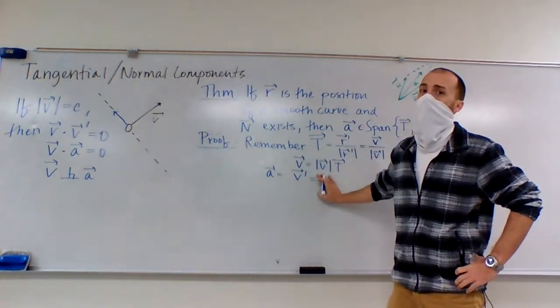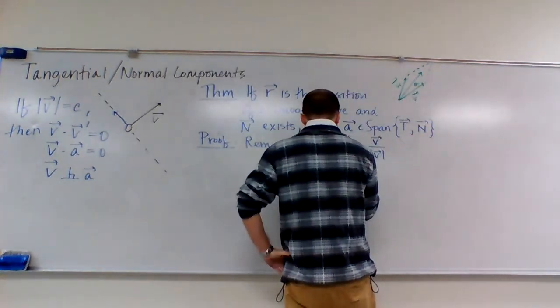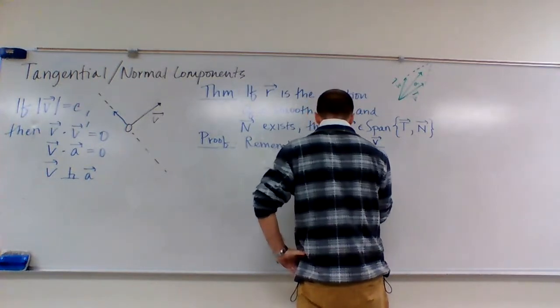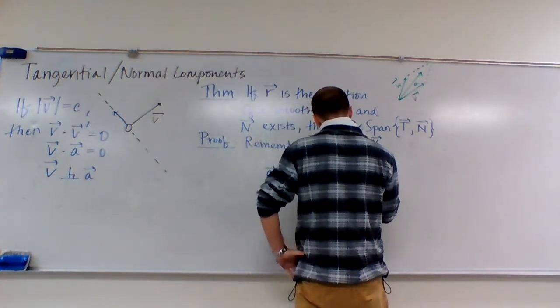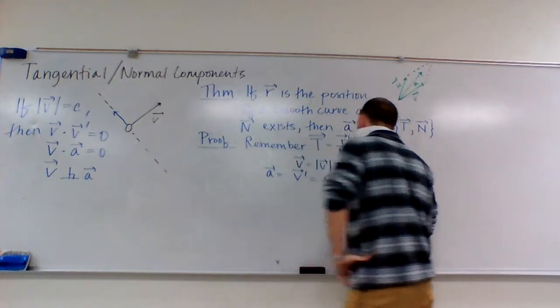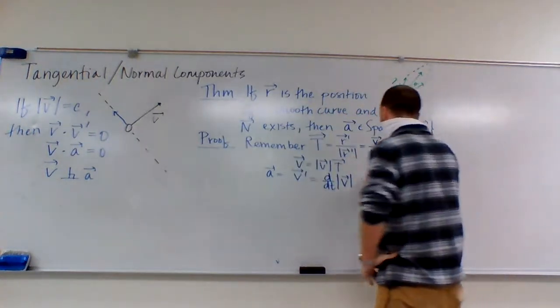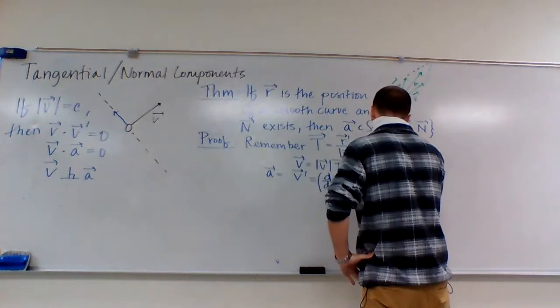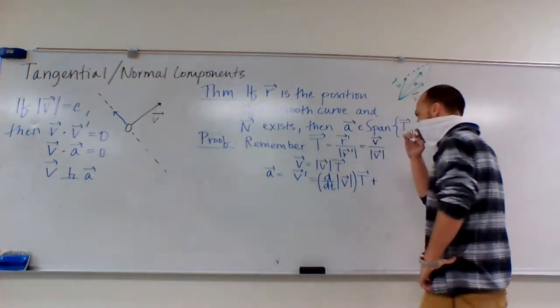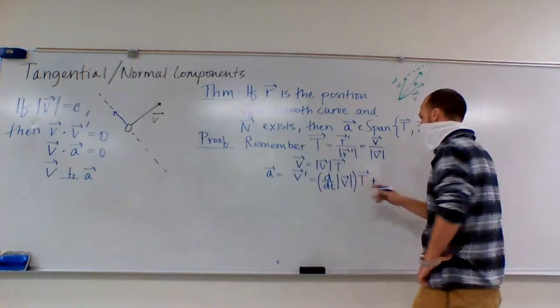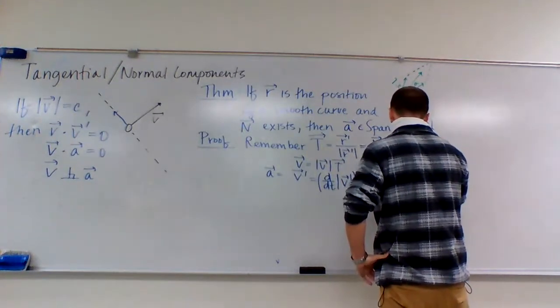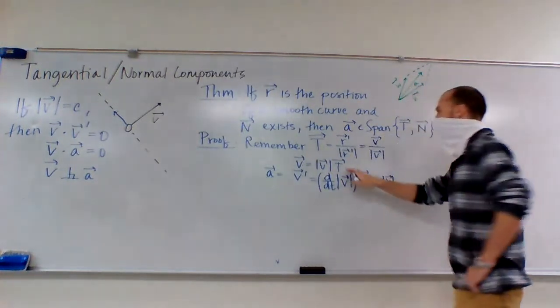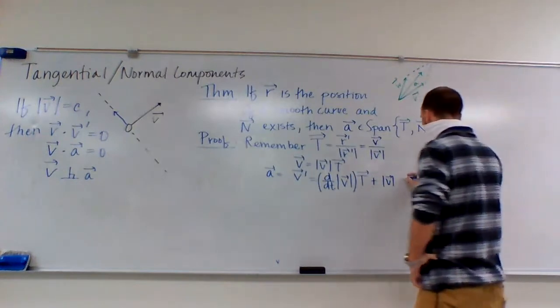Oftentimes it could be unpleasant. But it's going to be the derivative with respect to time of the length of v, or the speed, and then we'll leave T the same. Then I'll add in, leaving this thing the same, the derivative of T.